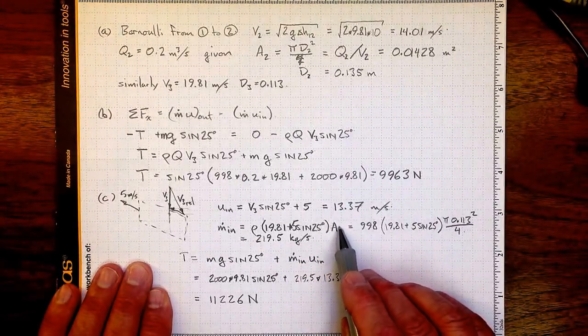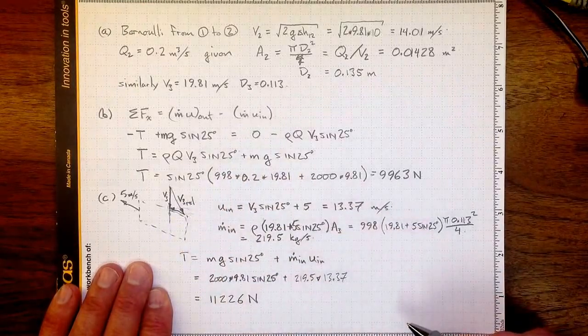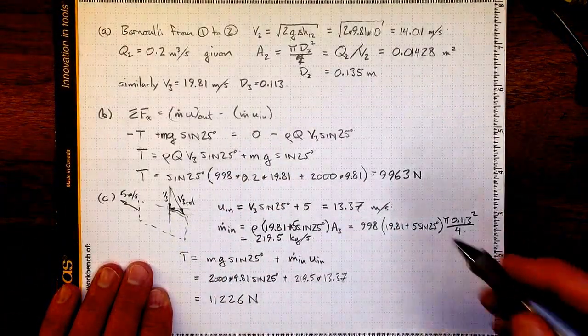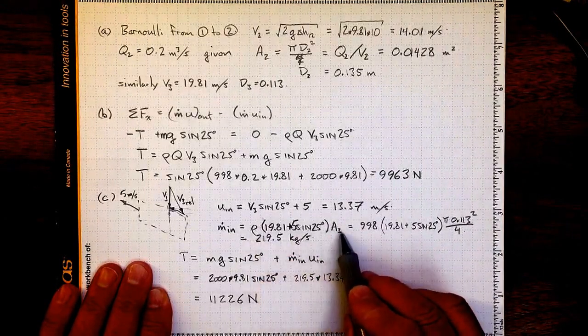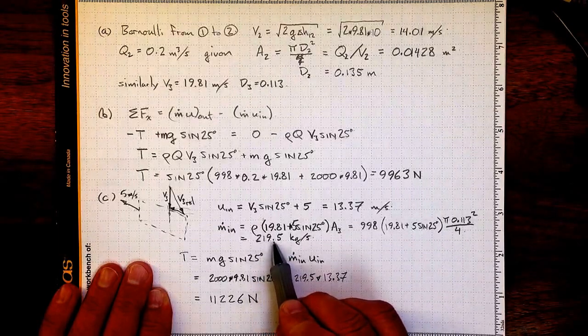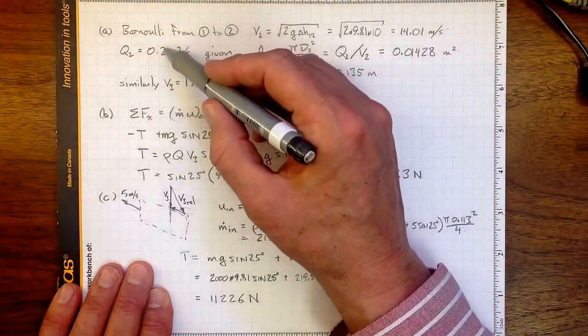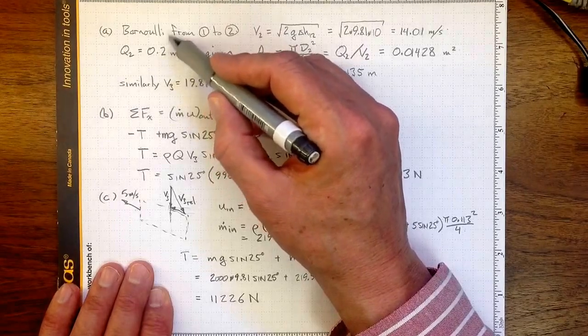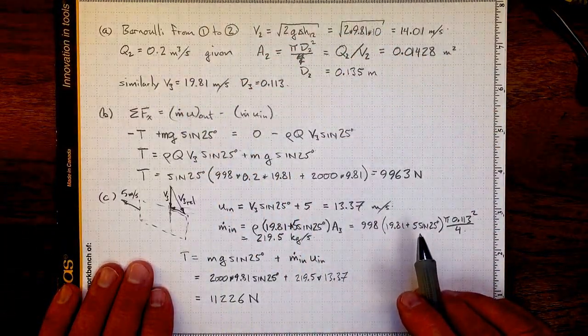All times A3, the cross-sectional area at location 3. So that's velocity, that's area, times density gives us a mass flow rate. Plugging those numbers in, 219.5 kilograms per second, just a little bit bigger than the approximately 200 kilograms per second that were coming in when it was stationary.